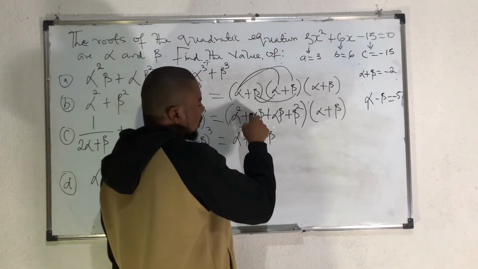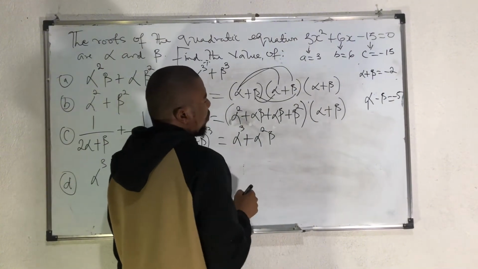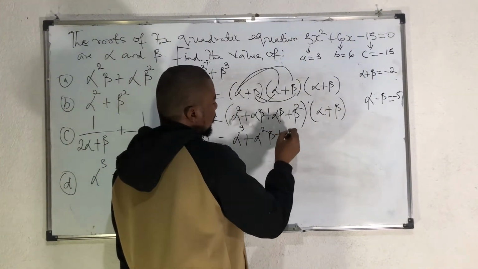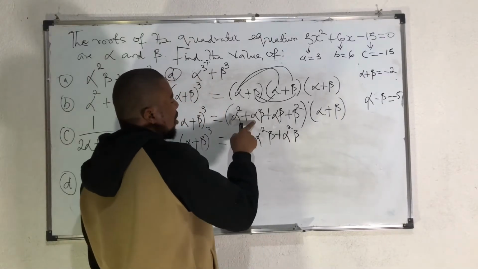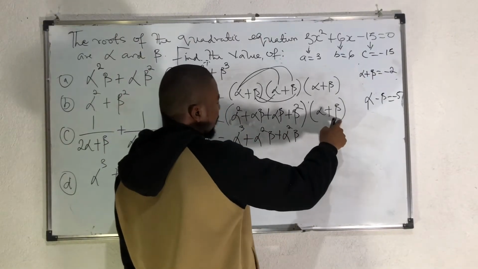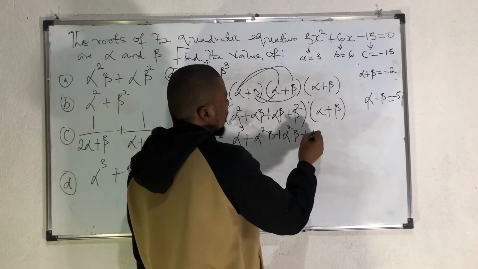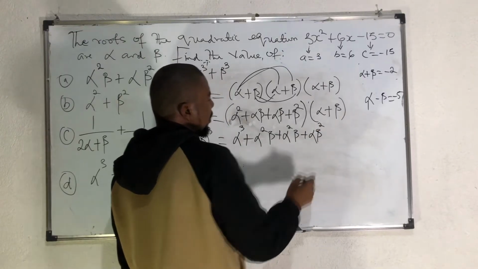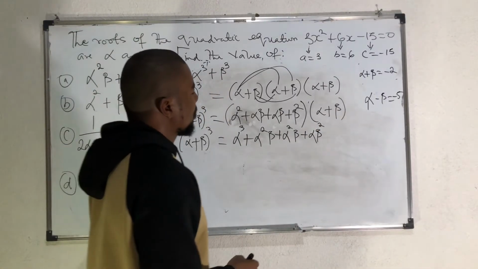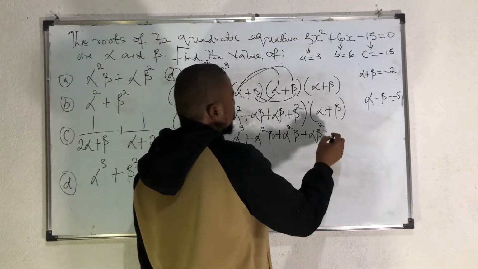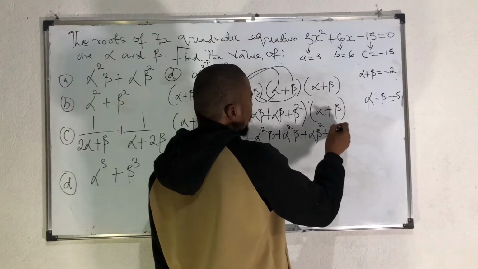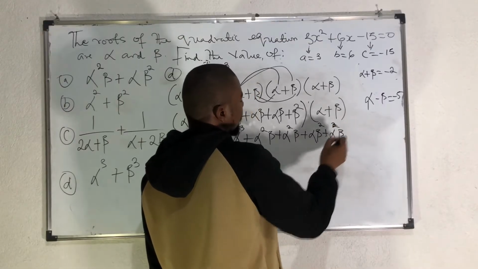Alpha beta times alpha will give you plus alpha squared beta. Next up, alpha beta times beta will give you plus alpha beta squared. Next, we have alpha beta again times alpha. It will give you plus alpha squared beta.